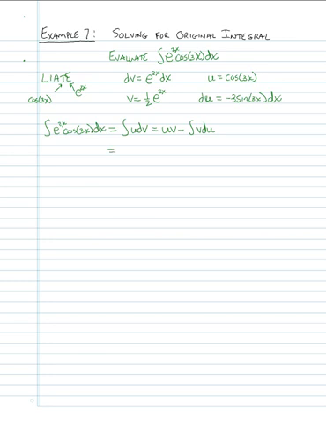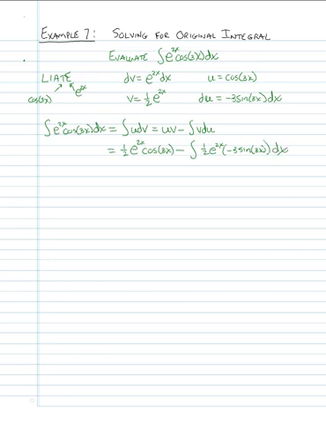As we write this, u times v, well, you see above our u and v, and I'm going to rearrange it and say v times u actually: 1/2 times e to the 2x power times cosine of 3x minus the integral of v du. Now, of course, v is 1/2 e to the 2x power, and du is a negative 3 sine of 3x dx.